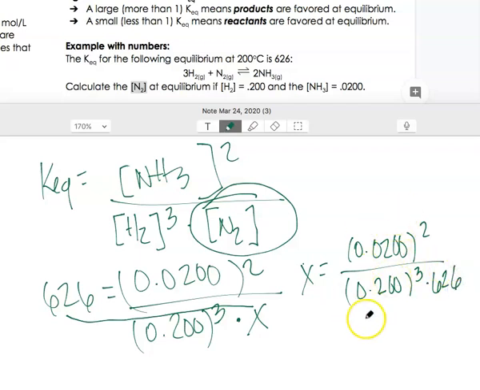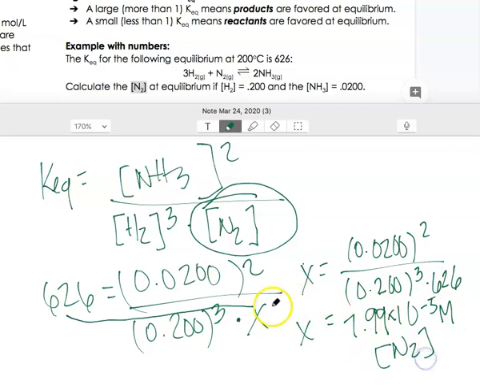Okay, so do this in your calculator. You have to know how to use it, and you should get this number, 7.99 times 10 to the negative 5 power. So that is the concentration of N2. Okay, so that's what x represents. It's the concentration of N2.